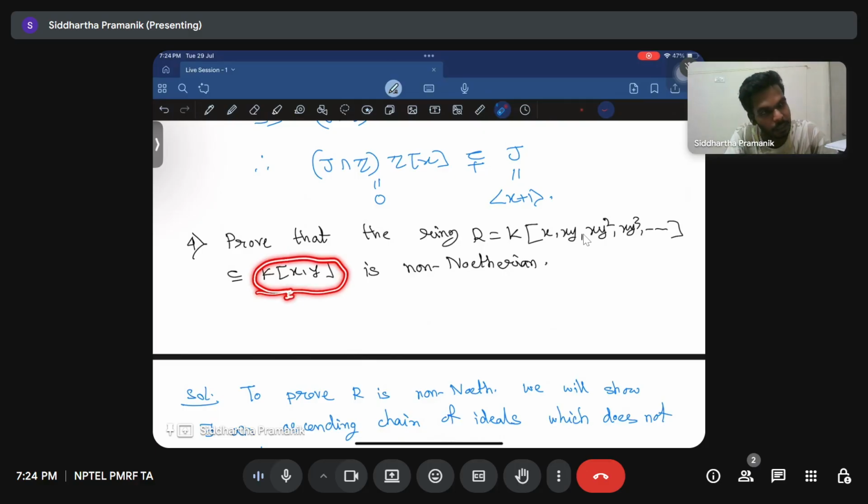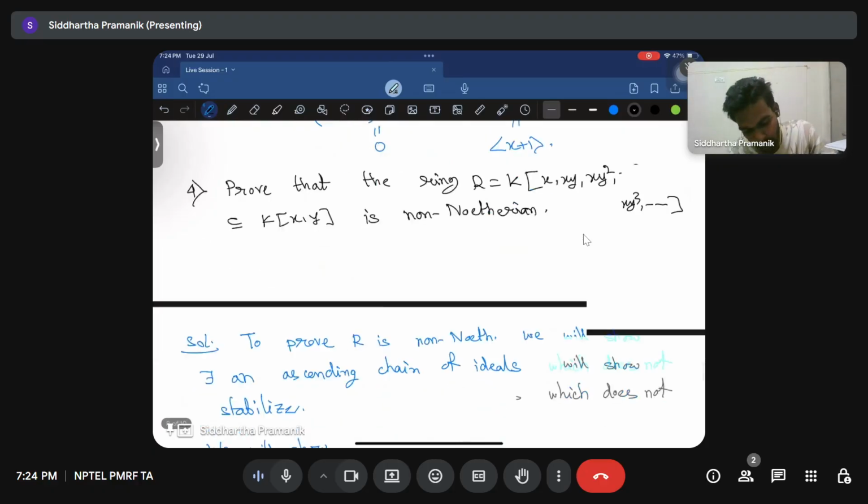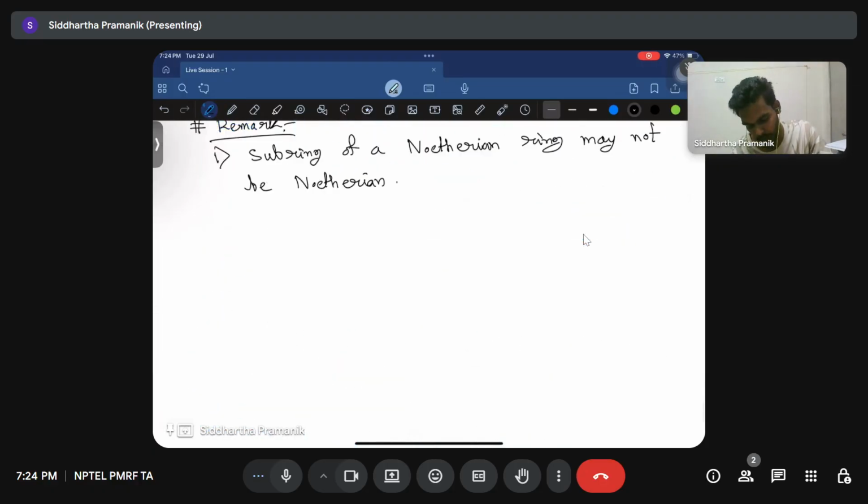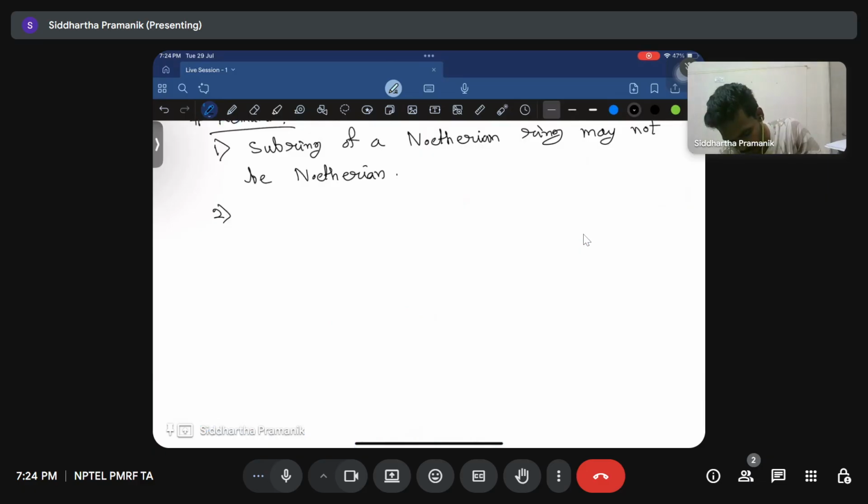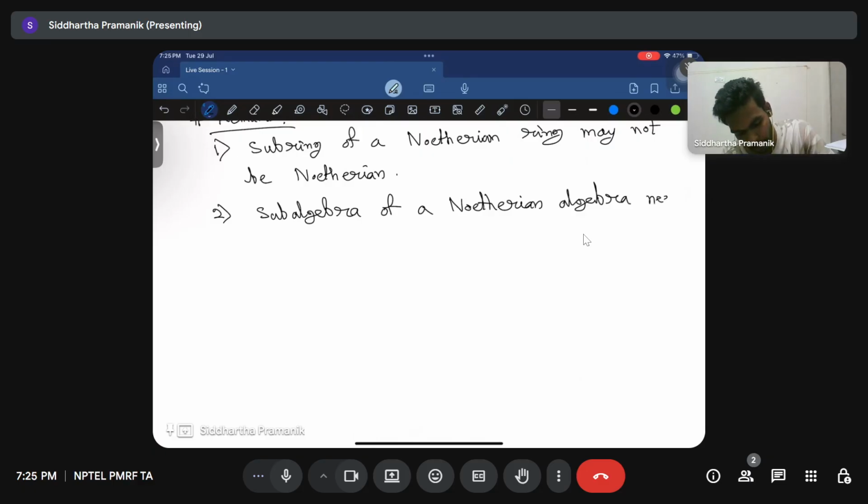I hope K-algebra was introduced, and this is also a K-algebra, and this is a Noetherian K-algebra. So a subalgebra of a Noetherian algebra need not be Noetherian. That we can also say.